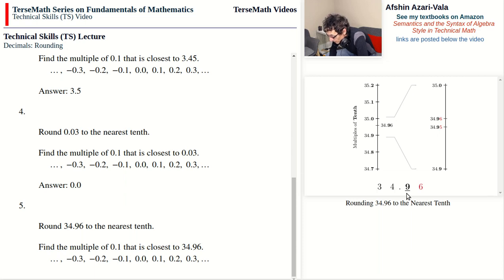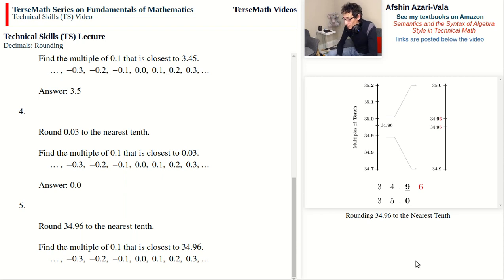The algorithm still works. Rounding to the nearest tenth, 6 is more than 5, we add 1 to 9, and it carries over. So 1 plus 9 becomes 10, we put the 0 down, carry the 1, and we end up with 35.0. Again, it's important to write the 0 down because it tells us that we have rounded to the nearest tenth. In fact, dropping the 0 would round to the nearest unit, and these two are not necessarily the same.